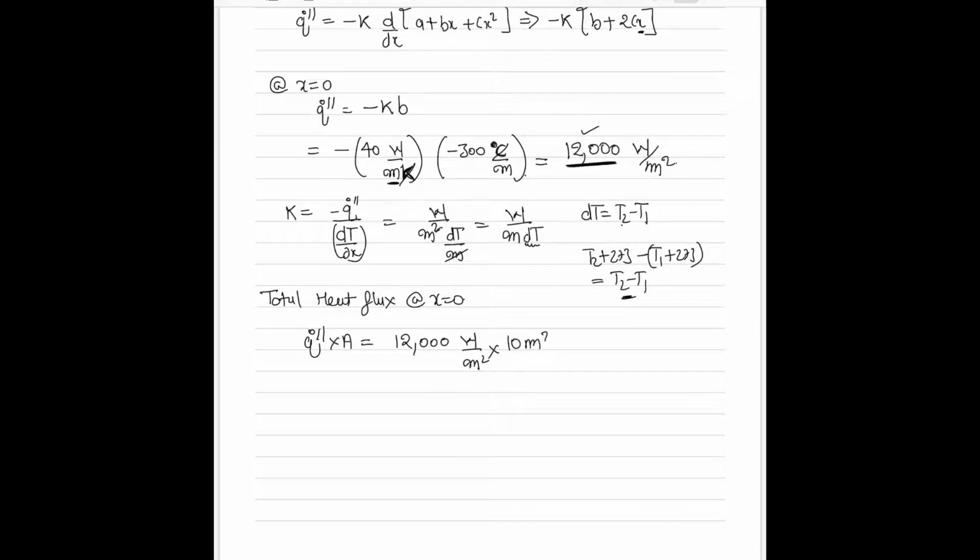So this is equal to 12,000 watt per meter square times 10 meter square. Meter square cancels, so we are left with 120 kilowatt of energy. That means 120 kilowatt of energy is entering the block at x equal to 0.